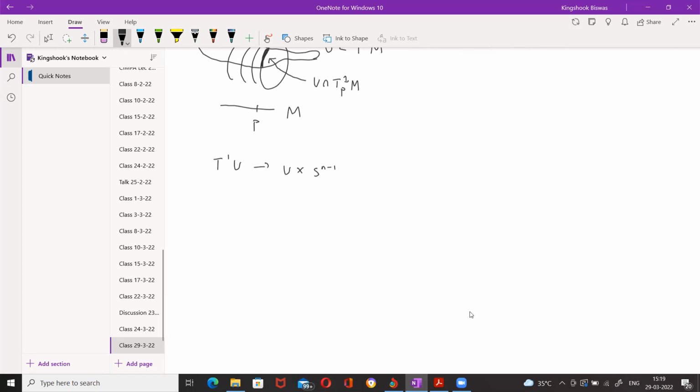Here it will become exactly a product measure. In the fiber direction, it has finite volume, since it is compact, and you can normalize it to be a probability measure.